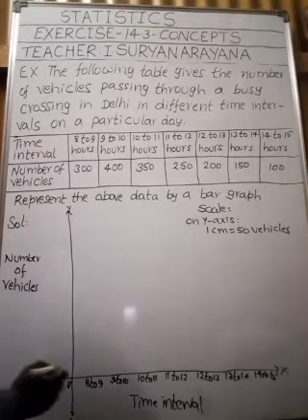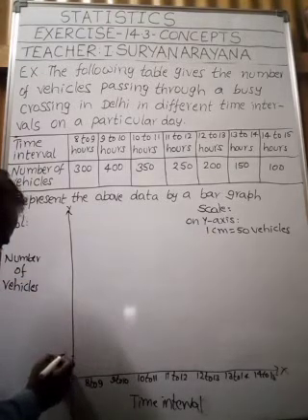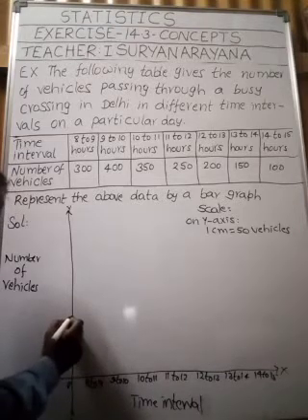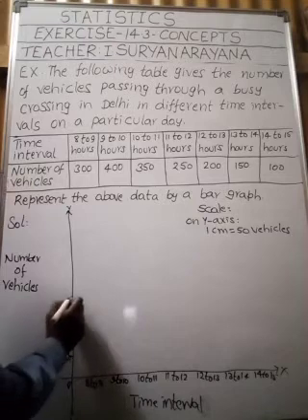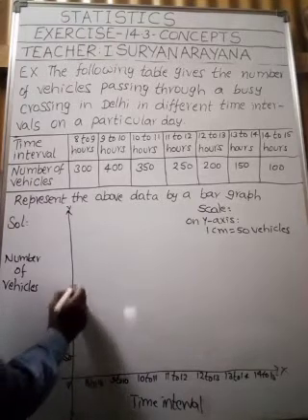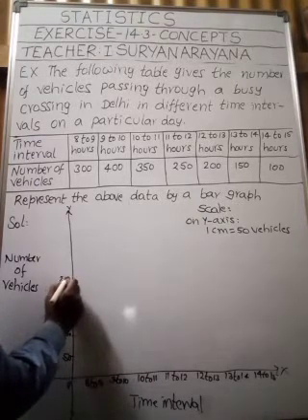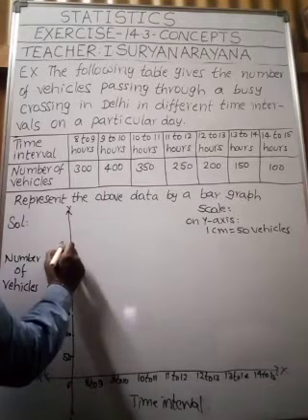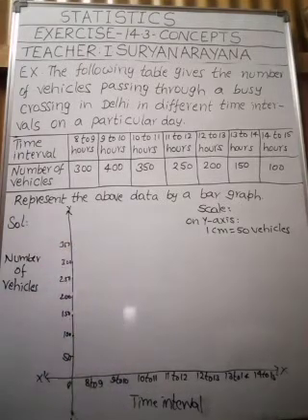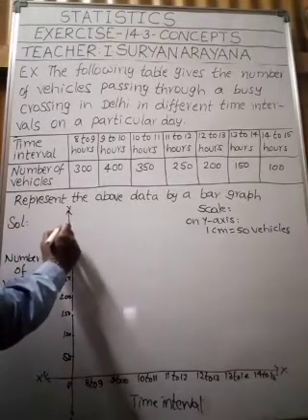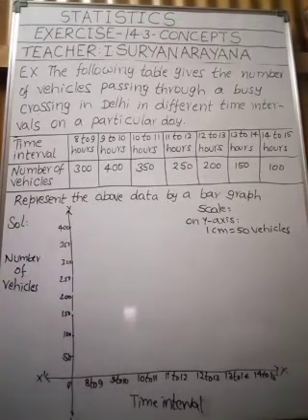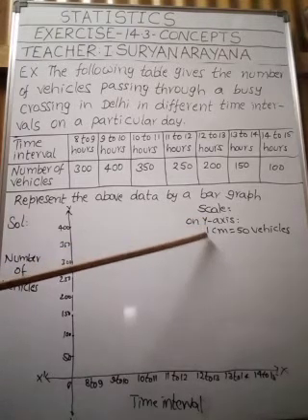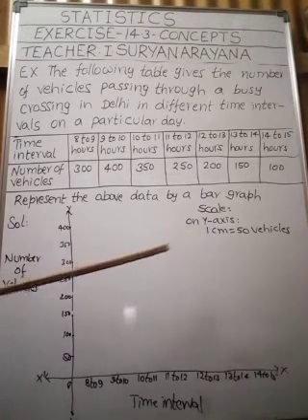So here we take 50, 100, 150, 200, 250, 300, 350, 400. Like this we have to take a suitable, convenient scale on the y-axis. Understood this point, my children?